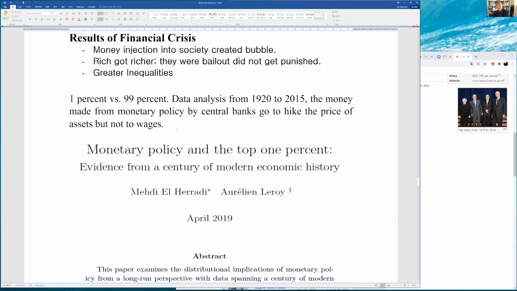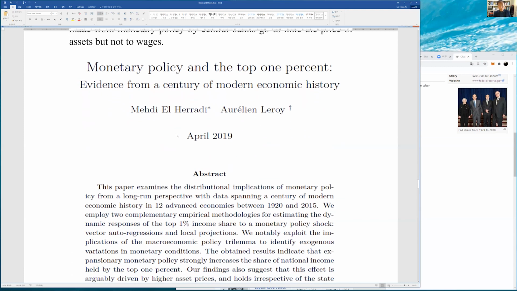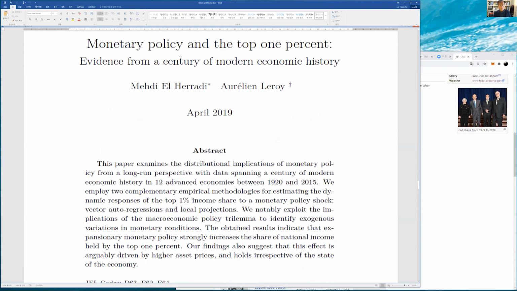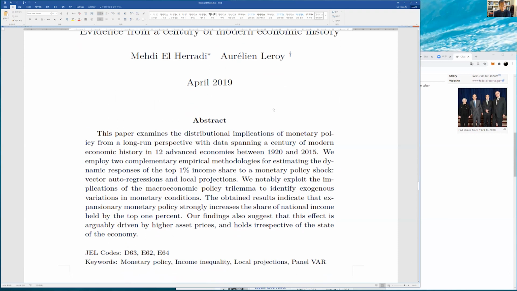So basically, that is the bottom line of what has happened. The paper is titled 'Monetary Policy and the Top 1%: Evidence from a Century of Modern Economic History.' These are the authors, and basically they are affiliated with Deutsche Bank.